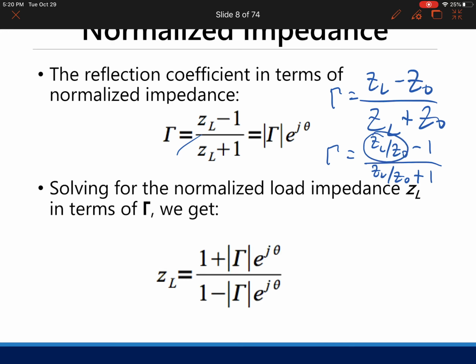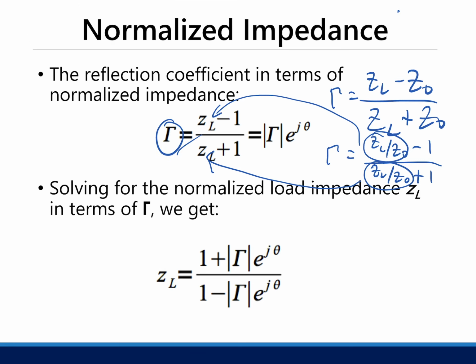This is your normalized load impedance, which corresponds to this lowercase z sub l right here. Since gamma is complex, we can represent it using Euler's identity as the magnitude times e raised to j times the phase. From this equation, we can solve for ZL, which is a function of your reflection coefficient magnitude and phase.